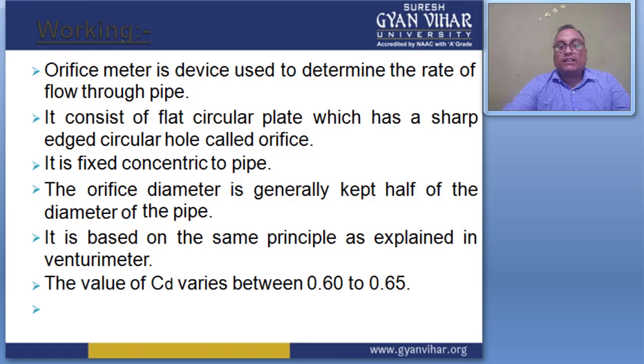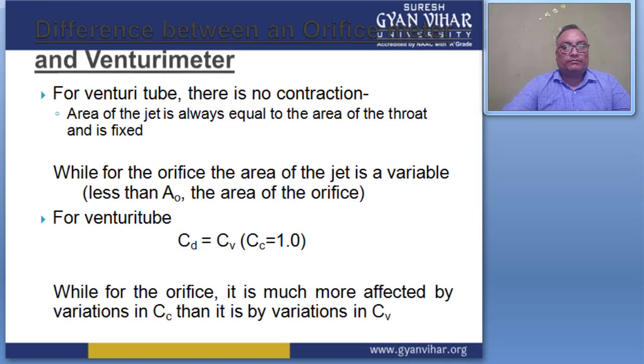But it has one demerit: it provides very high disturbance in the pipe flow. So this is the demerit of this. This is the difference between an orifice meter and a venturi meter.